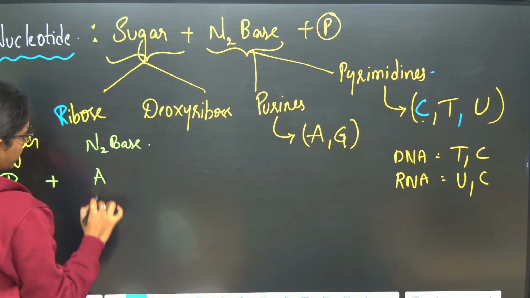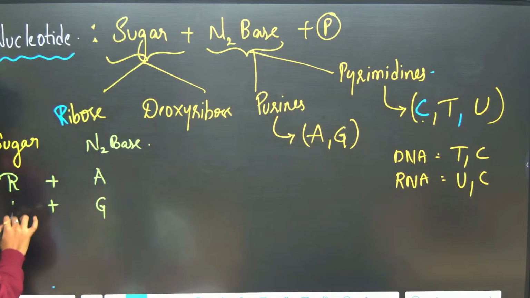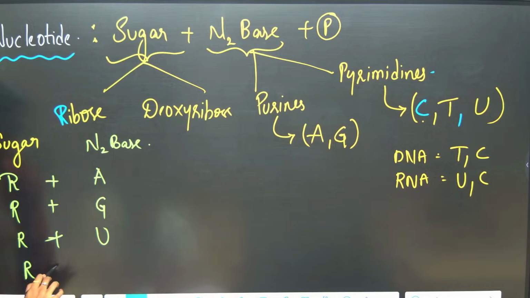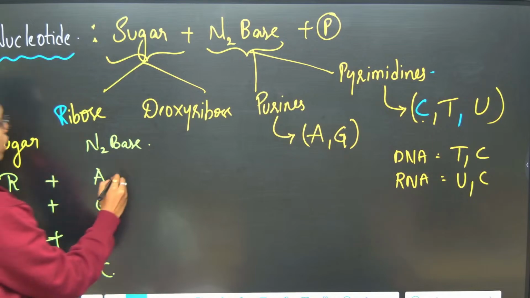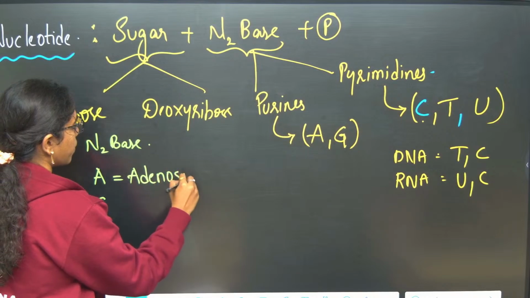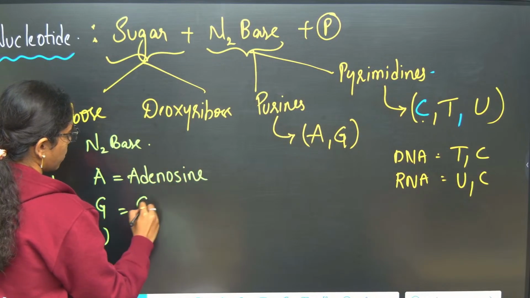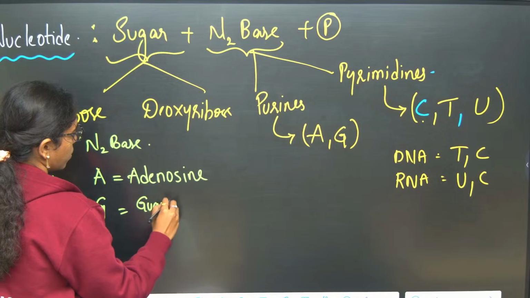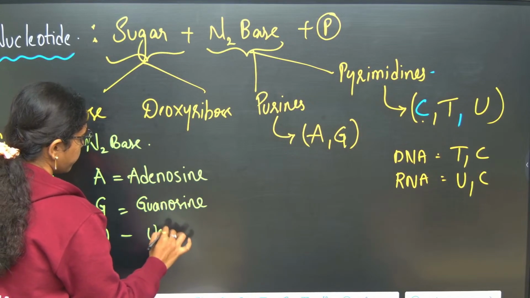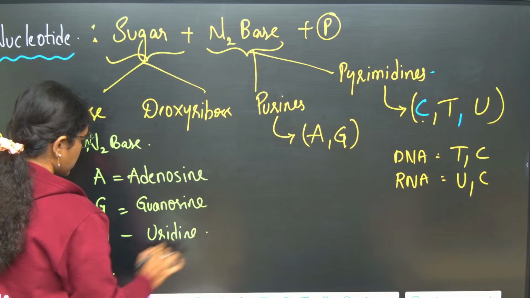Adenine, guanine, cytosine and uracil in RNA, and you will call them adenosine, guanosine, uridine, cytidine.